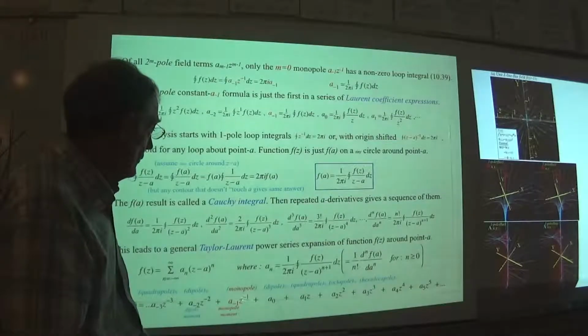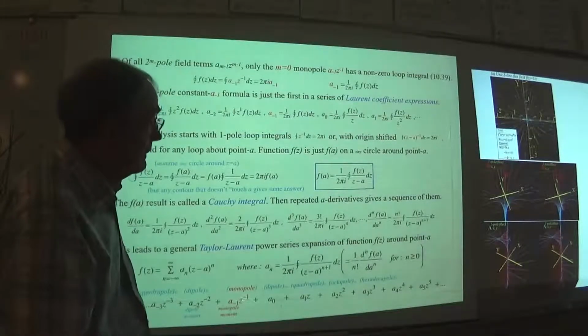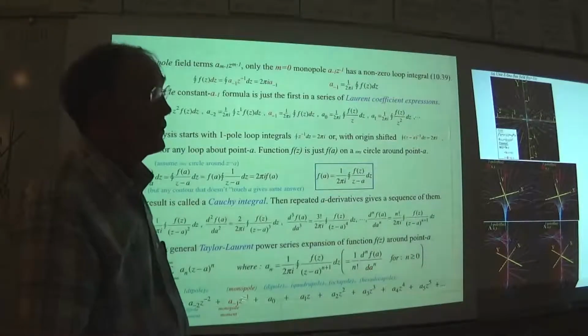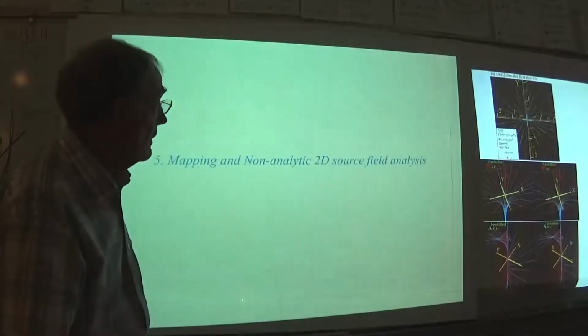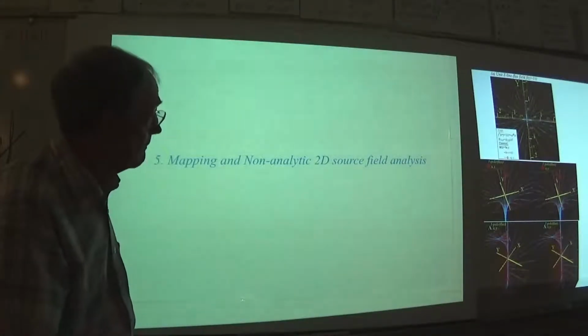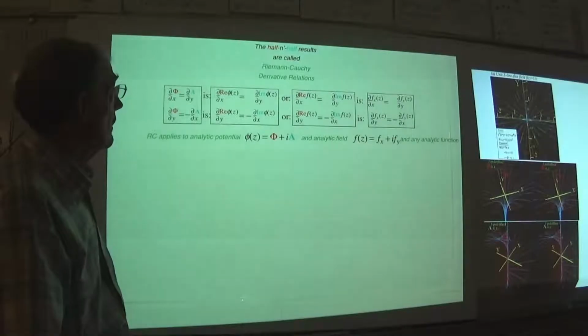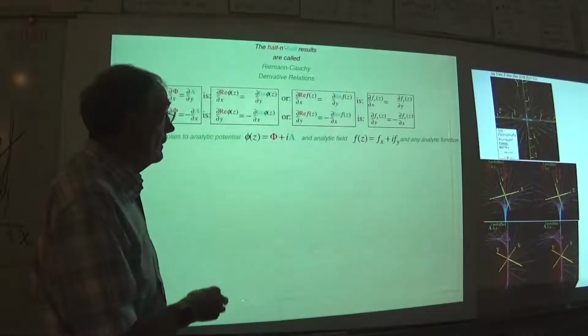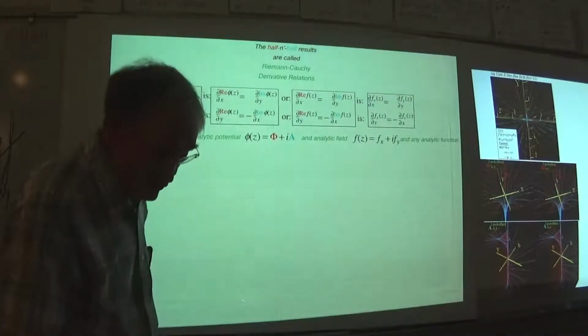So that's the basic idea of the power series having a physical interpretation and a geometrical one as well. Now the rest of this is a little bit crazy, but I would like to take a close look at this.